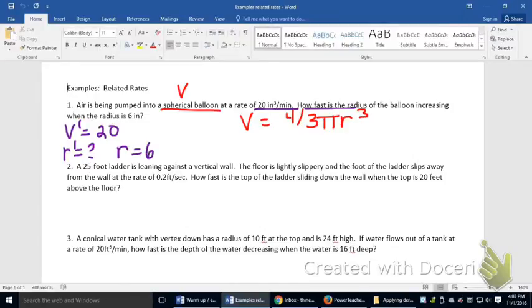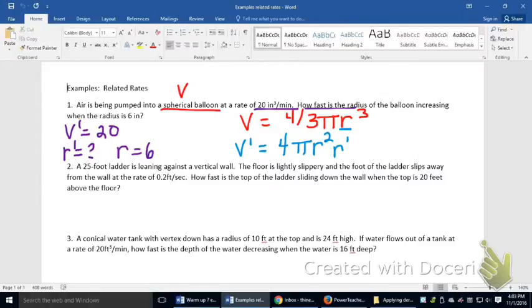So, you're going to start off with the problem. You don't do anything with those numbers at first. The first thing you do is find the derivative of whatever the formula is. So the derivative of volume is volume prime. The derivative over here, R is our variable. We're going to multiply 3 times 4/3, leave our pi, and then we'll have R squared.